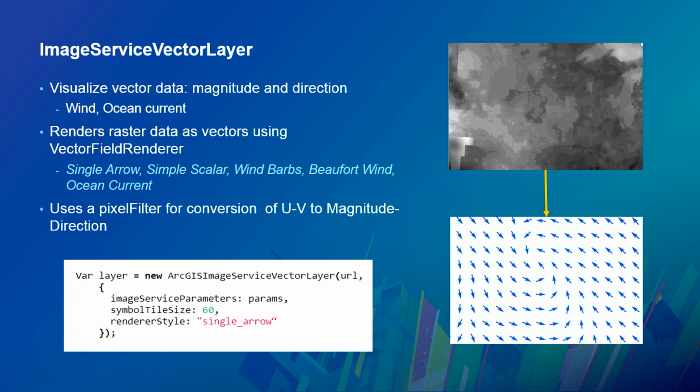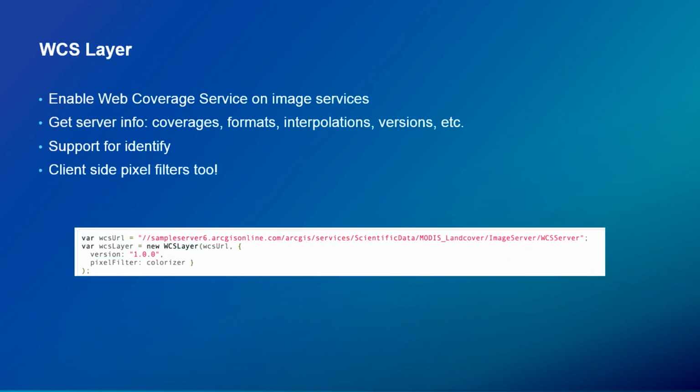There is a default pixel filter, so if you have UV data that needs to be converted to magnitude and direction, there is a default pixel filter that will handle that for you if you use the image service vector layer. And the 3x API also has support for the WCS layer, and it is based on the raster layer in 3x, which allows for full client-side pixel filtering using the WCS layer.